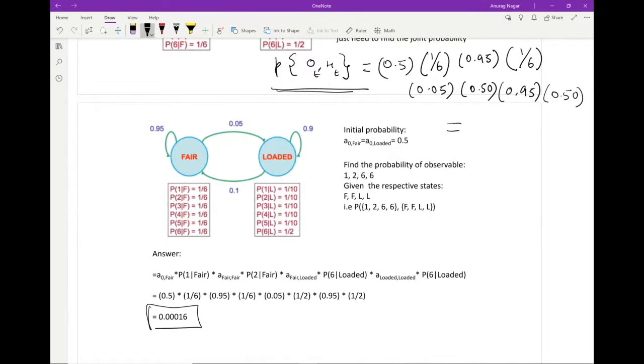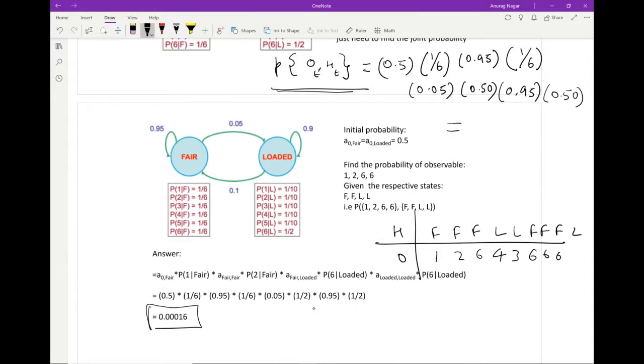So you can be asked some questions like, hidden state, observable state, and you have a game. So the game may be fair, fair, fair, loaded, loaded, fair, fair, fair, loaded. And then you can say 1, 2, 6, 4, 3, 6, 6, 6, 4.